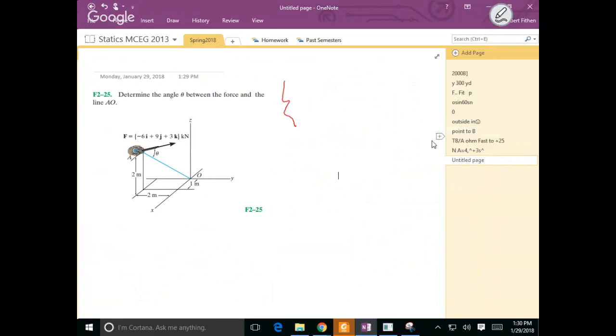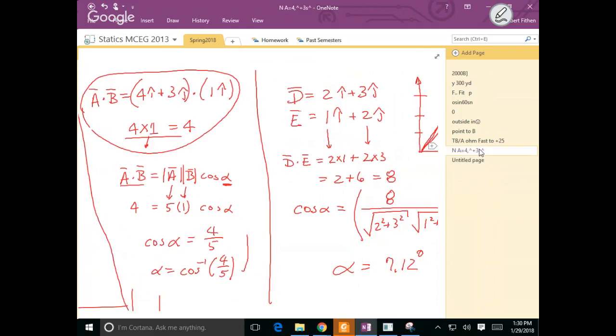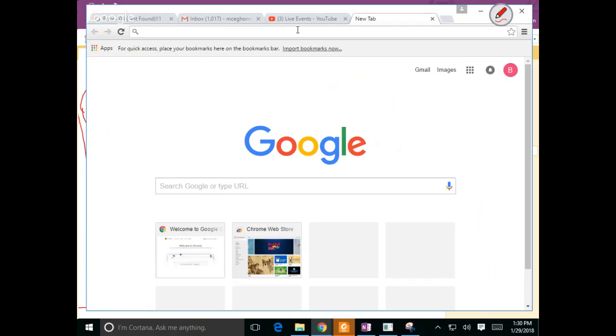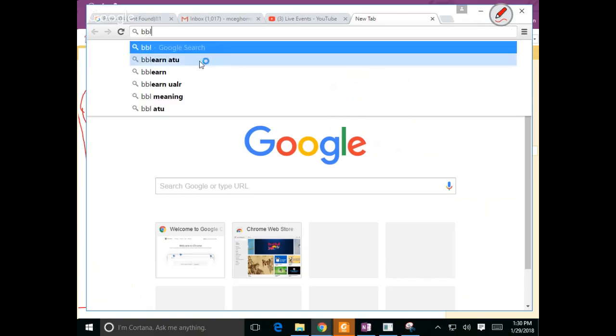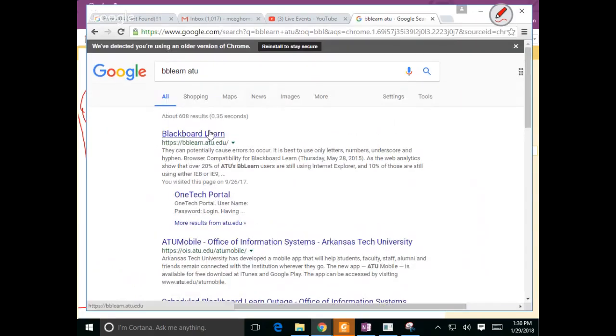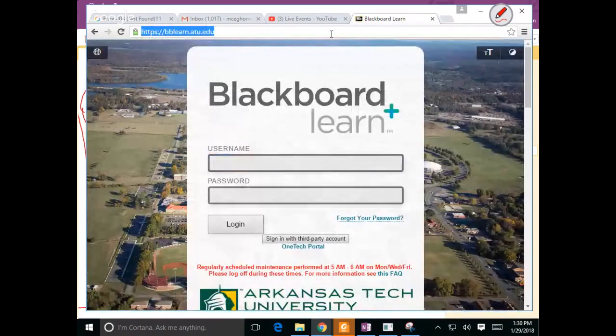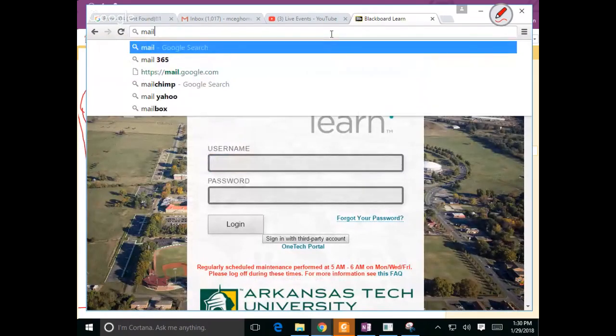Let me go back to here. I need to make sure I'm not drawing on top of this, that it's actually doing it in OneNote. Let's go to Blackboard real quick, or actually my mail would probably be a better place to go.